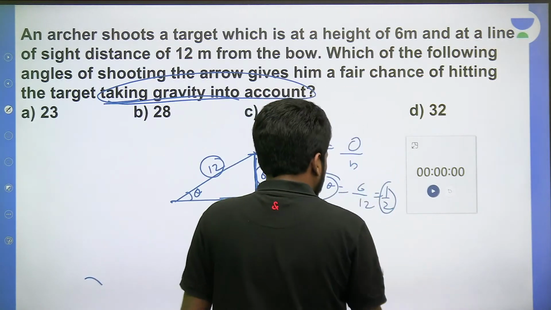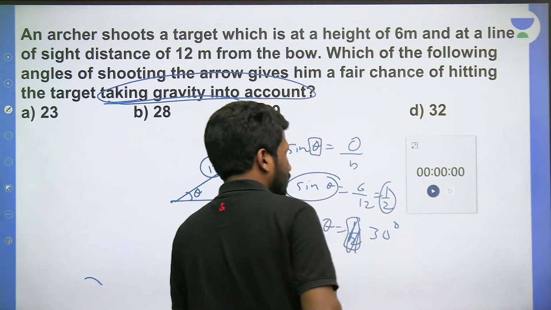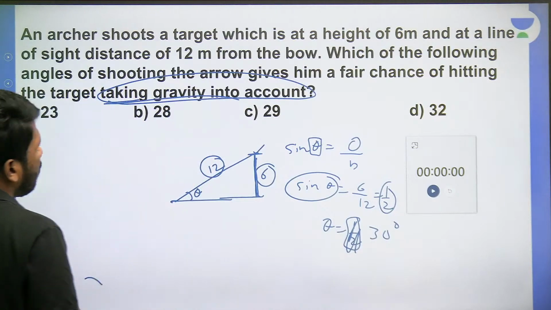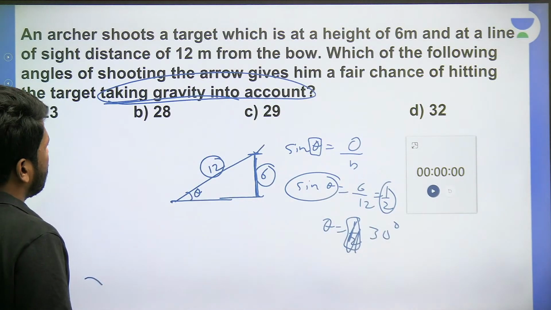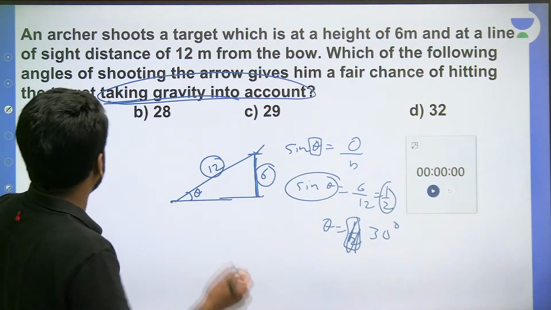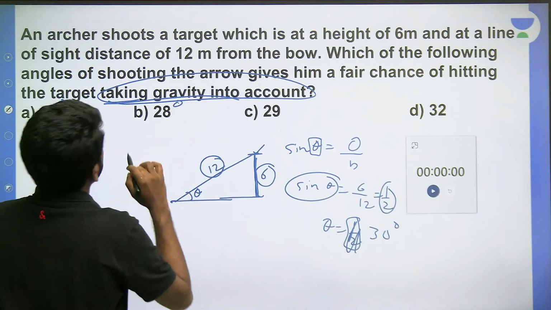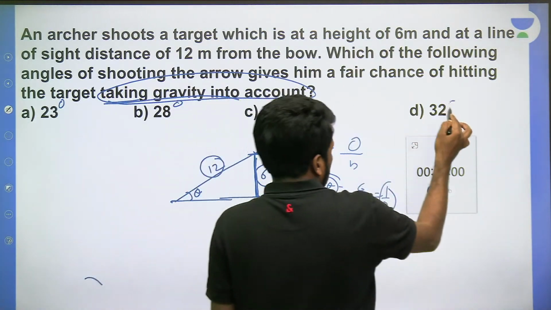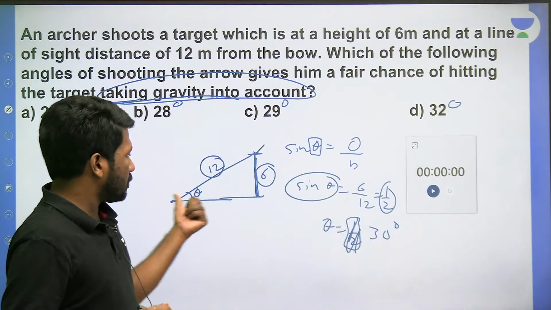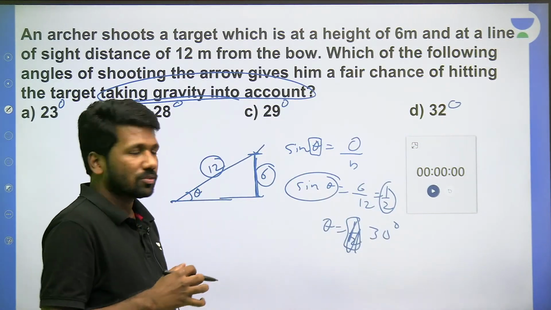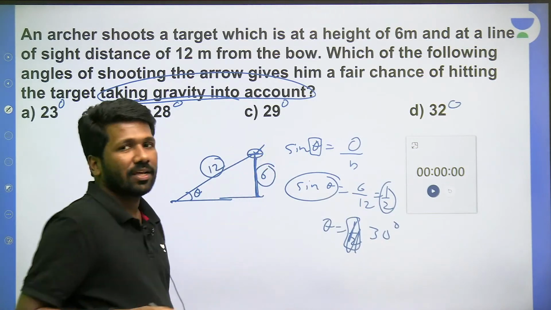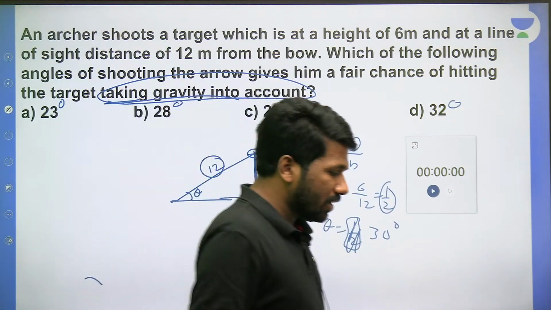Sorry, theta should be 30 degree. So if you are aiming at an angle of 30 degree, I think degree should also be mentioned. In the ideal situation, if gravity was not acting, this theta should be 30 degree so that it will hit the target. Now, let us think about the gravity aspect.